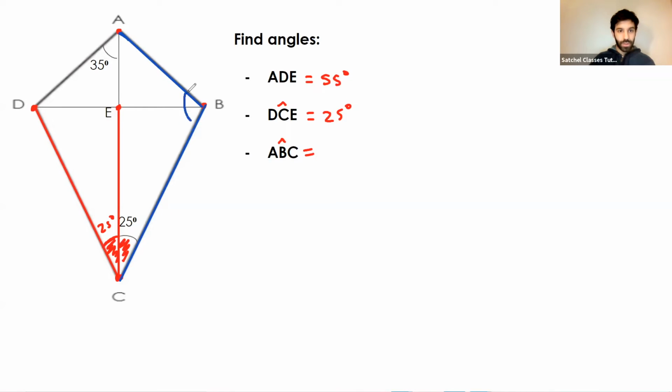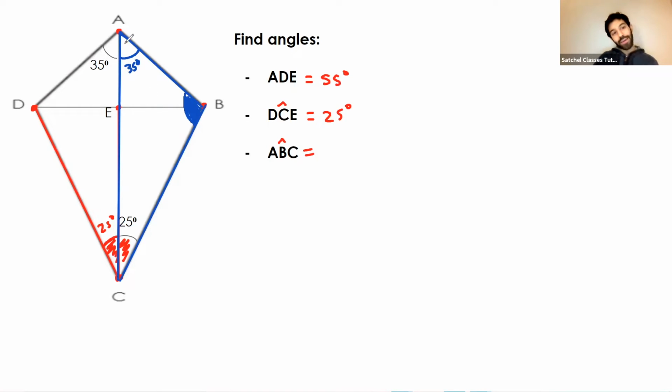Now, if I draw another line, we should be able to recognize that we have a blue triangle over here. So we know this angle is 25. This angle over here, again, we can apply what we did down here. If this angle is 35, this angle is also going to be 35 because the whole angle has been split in half by this perpendicular bisector, by this blue line over here.